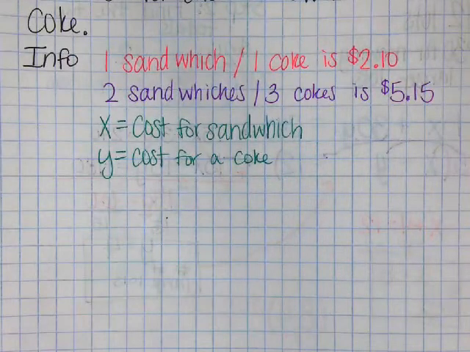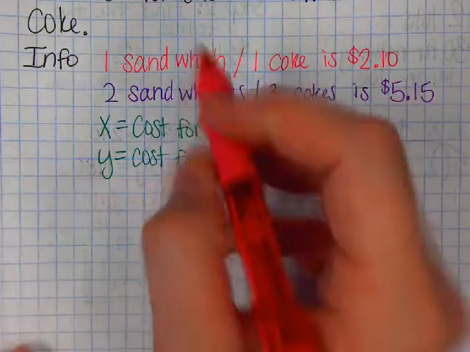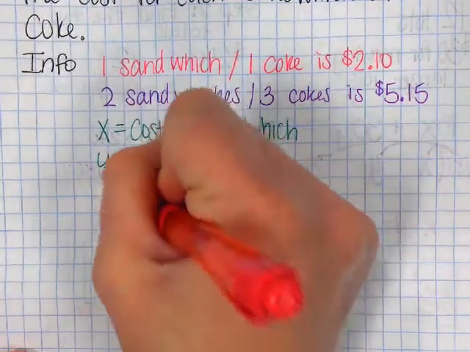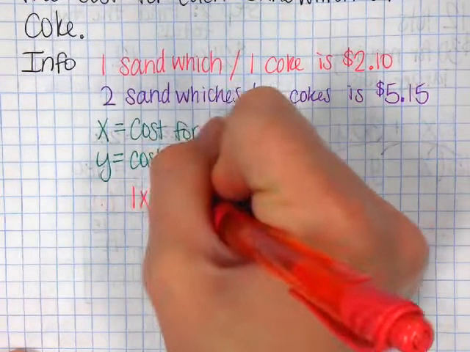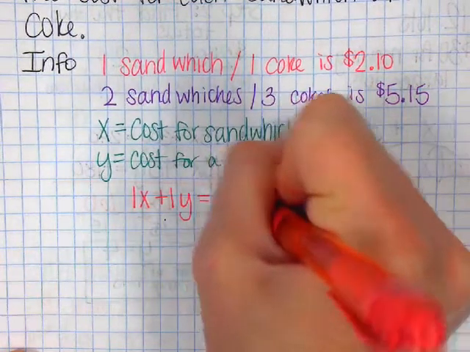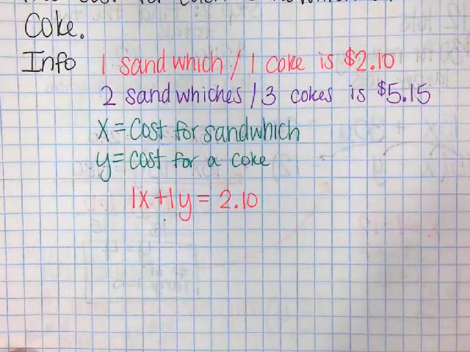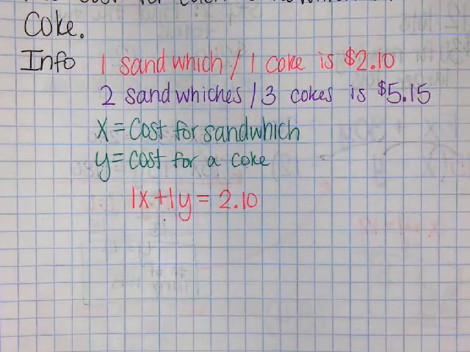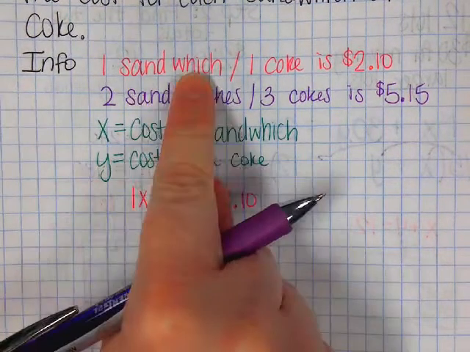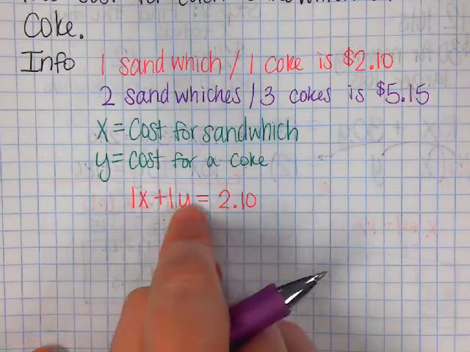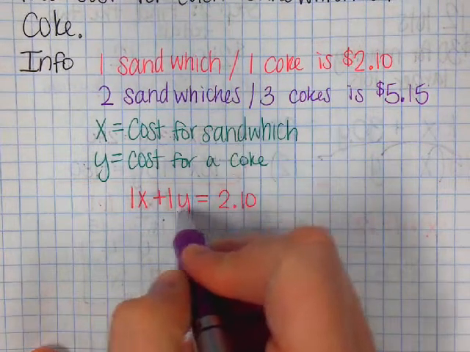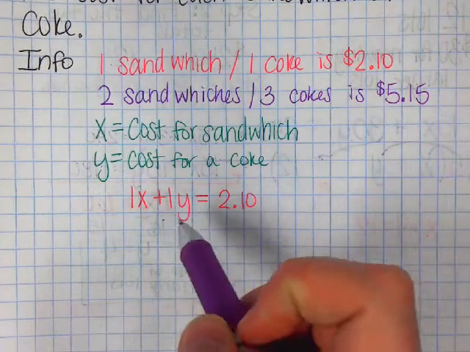Okay, let's go ahead and write our 2 equations. It says 1 sandwich and 1 Coke is $2.10. So I have 1 sandwich plus 1 Coke equals $2.10. I did 1x because there's just 1 sandwich, and 1y because it's 1 Coke.